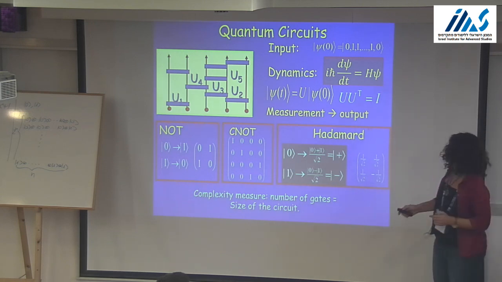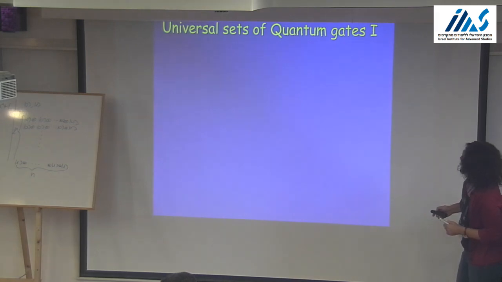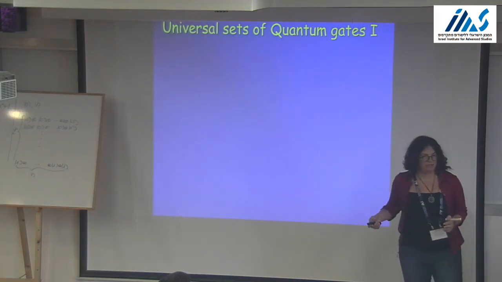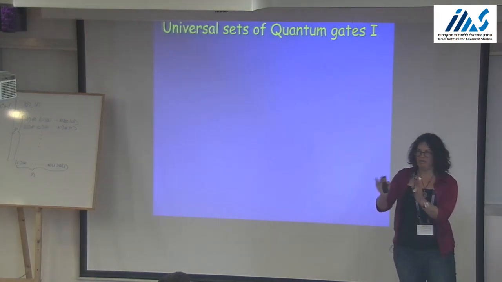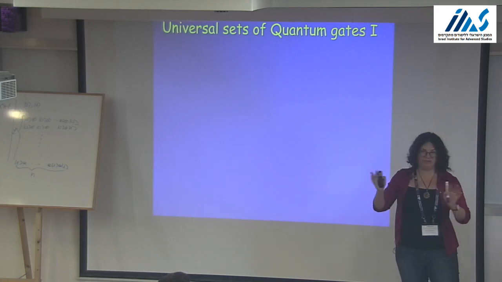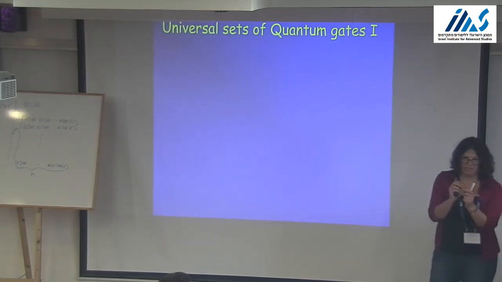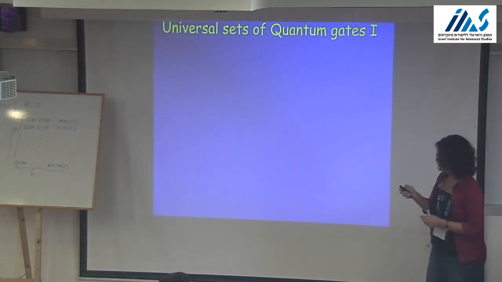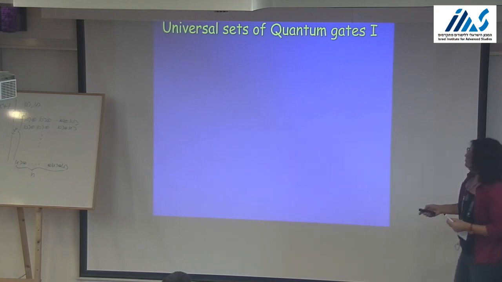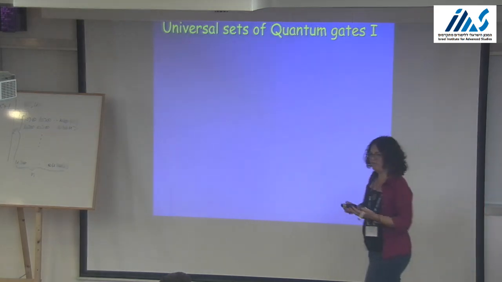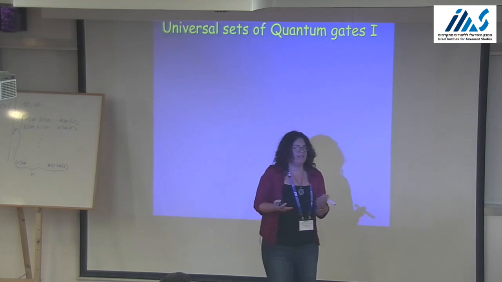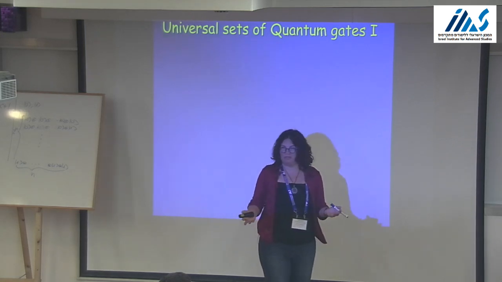Good. Which gates are we allowed to use? This is a whole subject called universal sets of gates, of which I want to give you the beginning, the most important part. What is it that we want from our set of gates? Which gates would you choose?